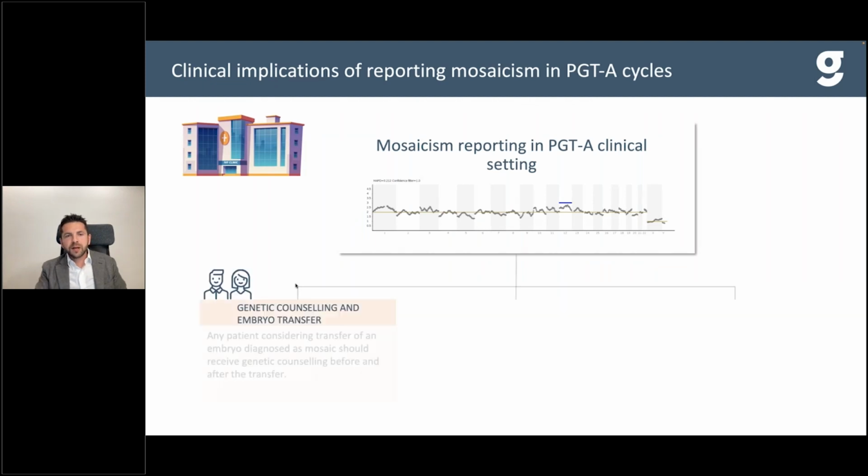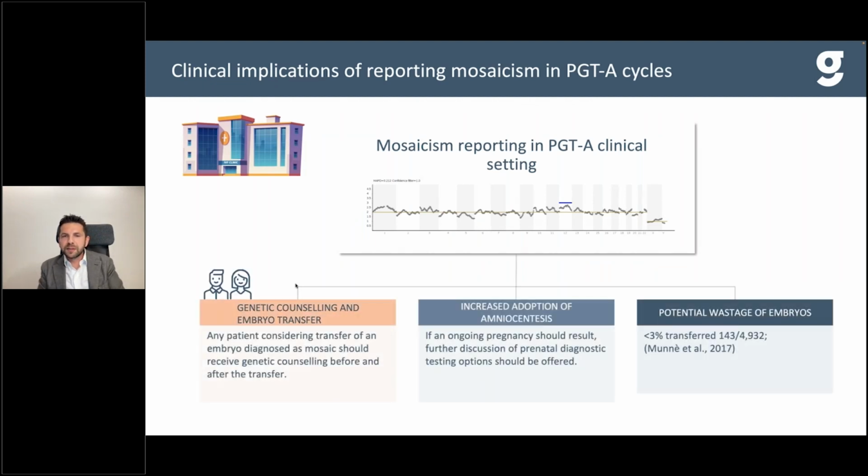However, we know that when we report mosaicism, or even when we possibly overcall mosaicism in the PGT-A clinical setting, this comes with some very important consequences for patients. First of all, they have to face the decision on whether or not to transfer these embryos that are in any case classified as abnormal.